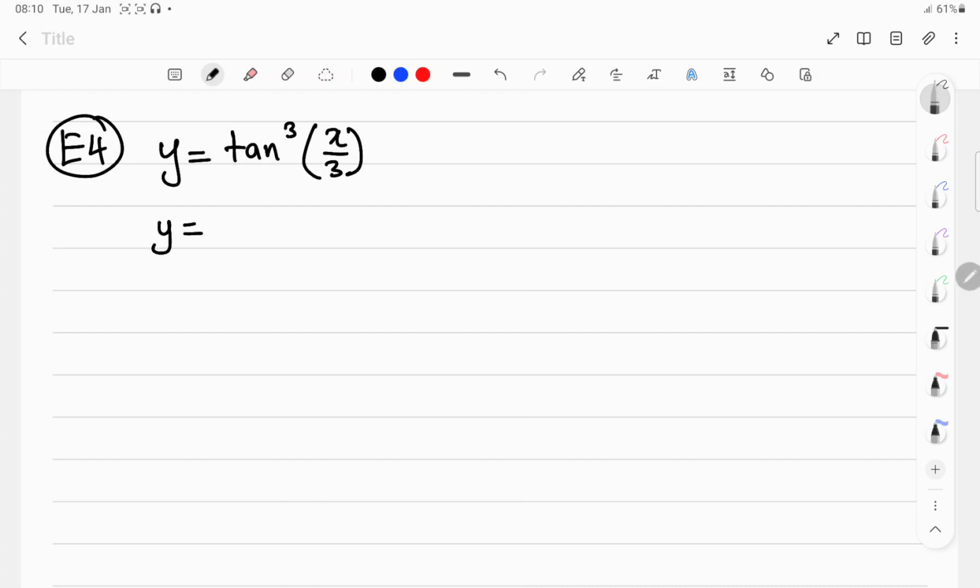Rewrite y equals tangent x over 3, bracket to the power of 3. So this one we have to use what? Power rule.